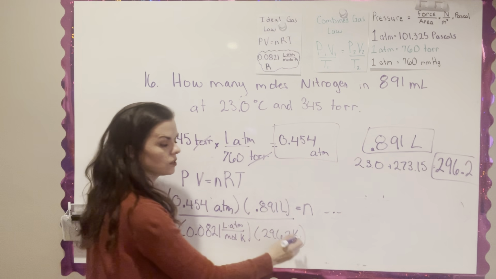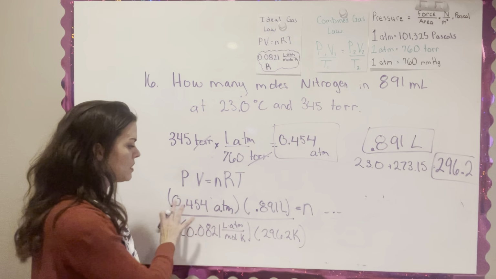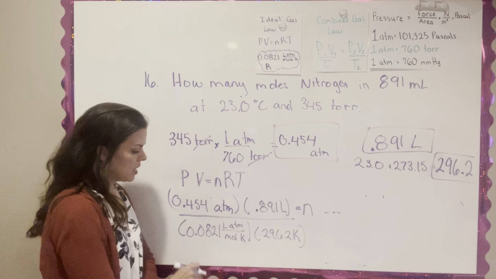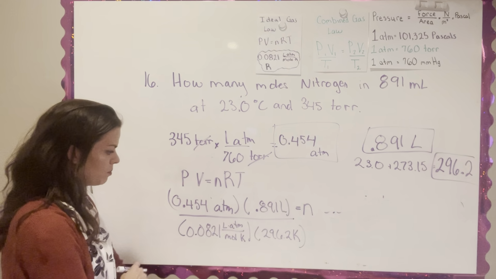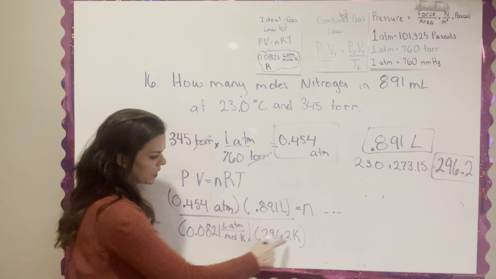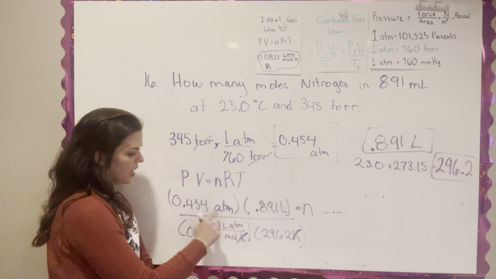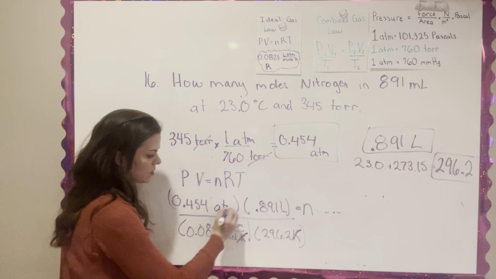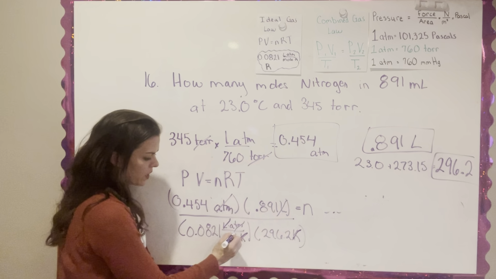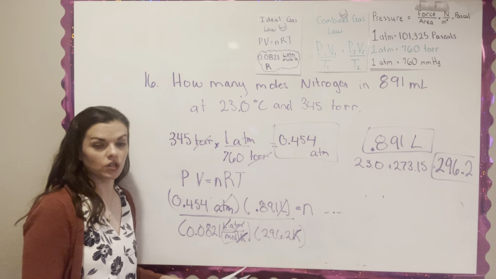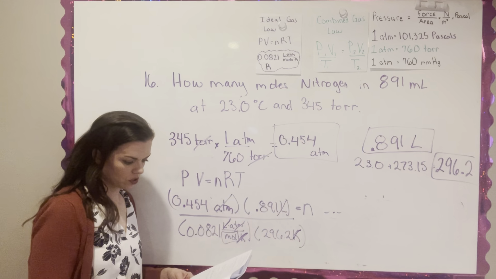Go ahead and put it in your calculator in one big motion. Just make sure you're keeping parentheses around everything in the top and around everything in the bottom. When you do that, this kelvin will cancel out with this kelvin, and this liter will cancel this out. Atmospheres will cancel out, and the only unit you'll be left with is moles, which is what you're looking for. So it's a good way of checking yourself.